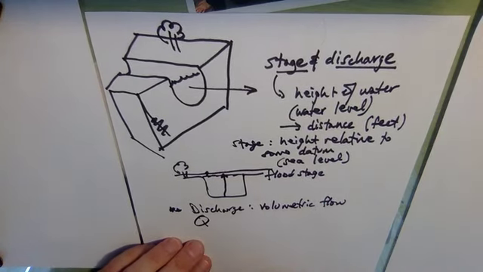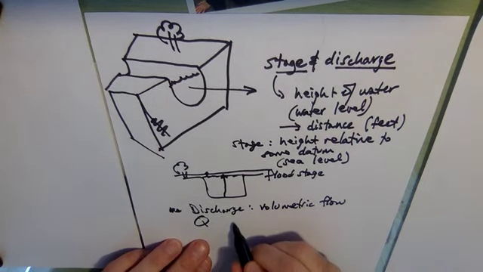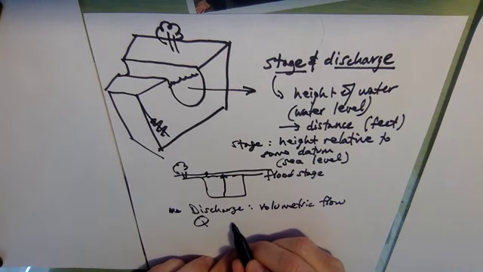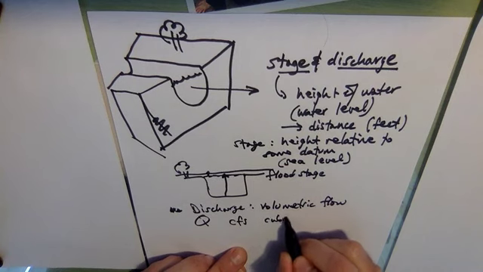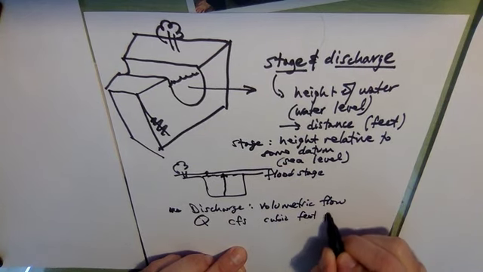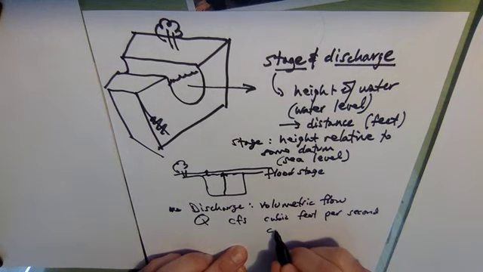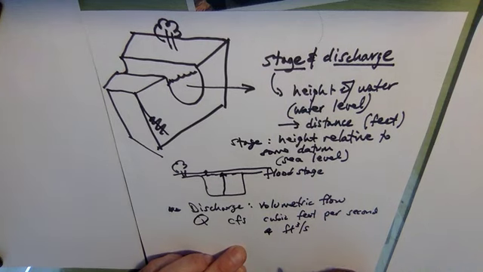Discharge is generally abbreviated as a capital Q, and in the United States generally has units of CFS, which stands for cubic feet per second. So that would be feet cubed per second.